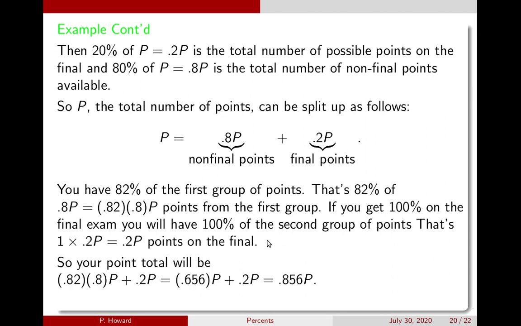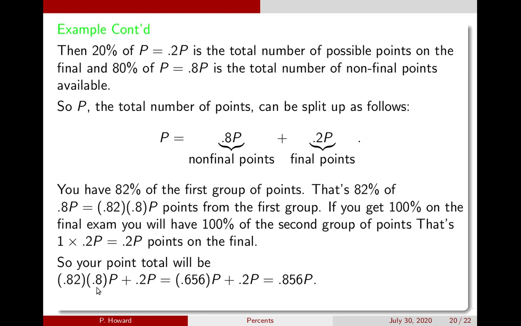So your total number of points will be what we figured to be your total number of non-final points, 0.82 times 0.8 times P, plus the number of points you get on the final.